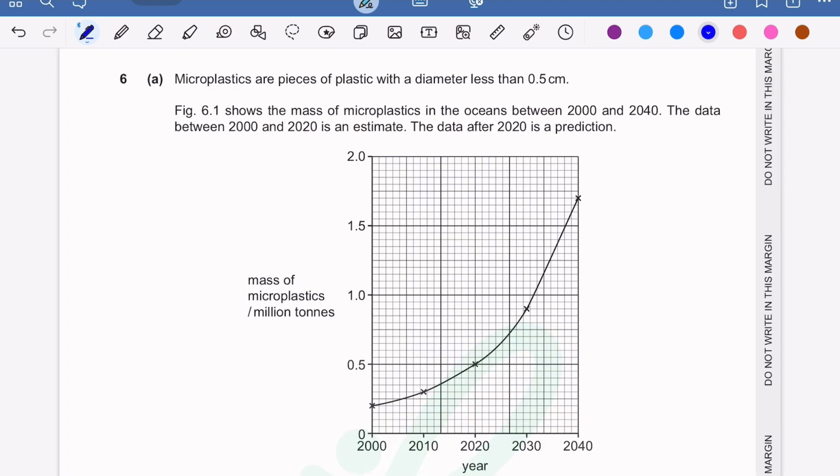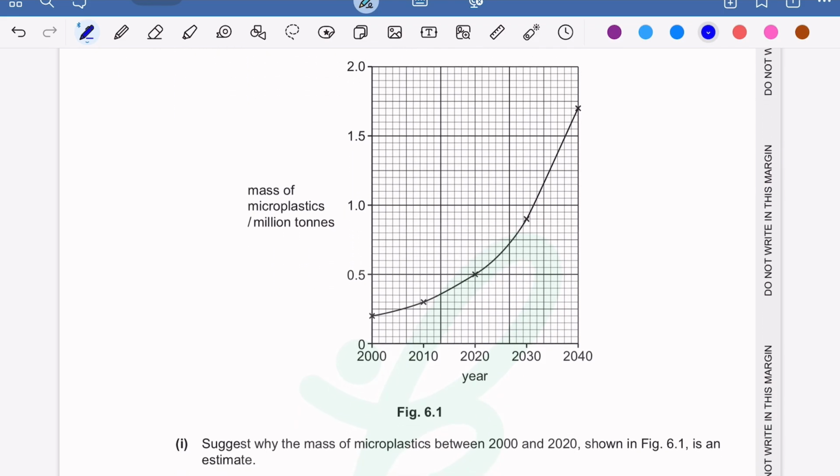Next question, that is question 6. Microplastics are pieces of plastic with a diameter that is less than 0.5 centimeter. Figure 6.1 shows the mass of microplastics in the ocean between 2000 and 2040. The data between 2000 and 2020 is an estimate. The data after 2020 is a prediction. So we can see that the amount of microplastic keeps on increasing from 2000 to 2040.